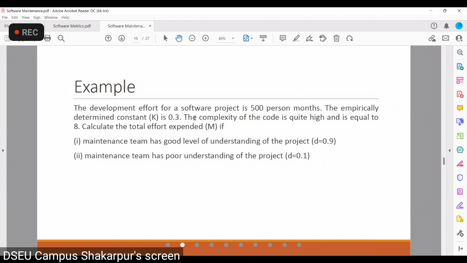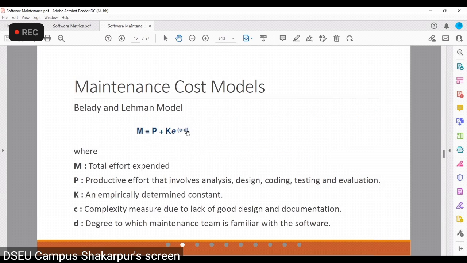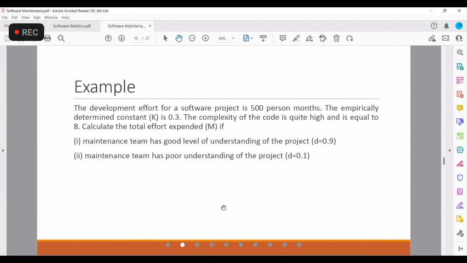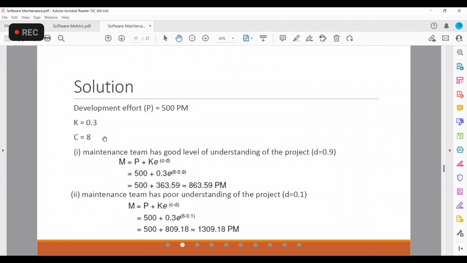What you need to do? P has been given to you, K has been given to you, C and D have been given. So of course you'll need a scientific calculator here as well, right? So P, K, C ये आपको given है. अब first case में D क्या है?